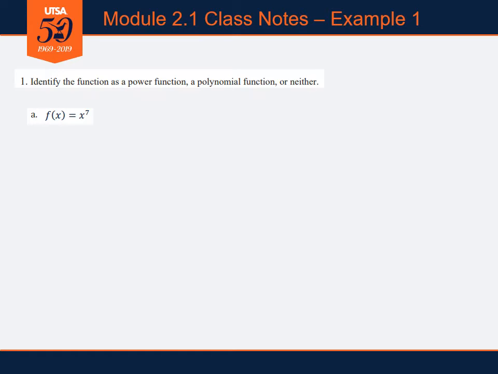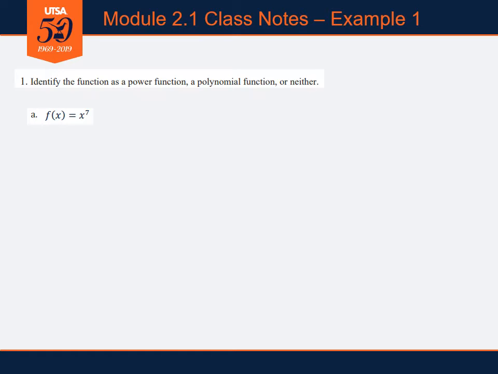So let's begin at the beginning, on how we recognize what is a polynomial function. And from your reading, you know that a polynomial function basically is just a string of powers of x added or subtracted together.